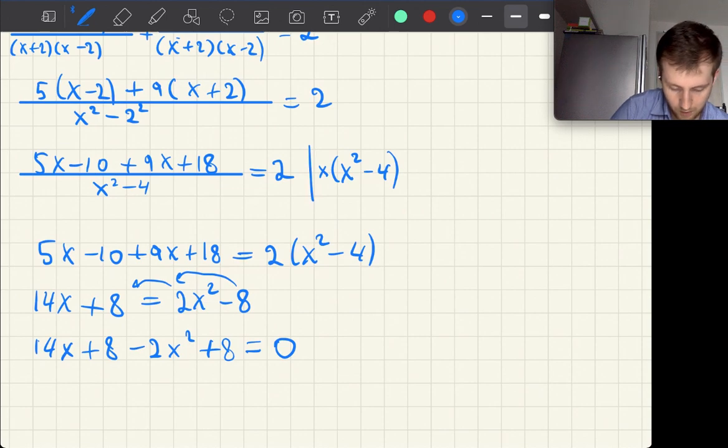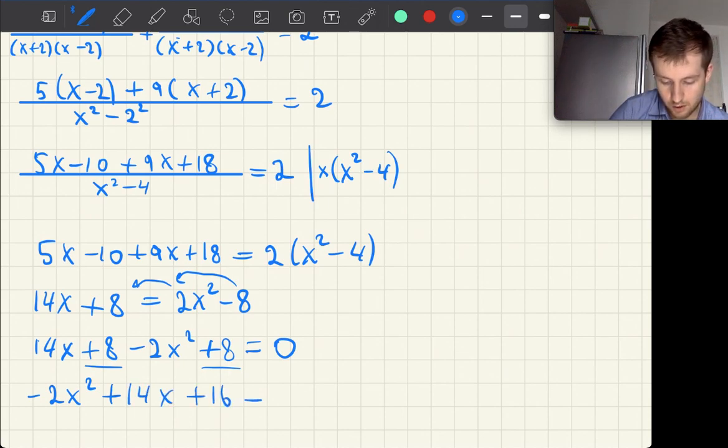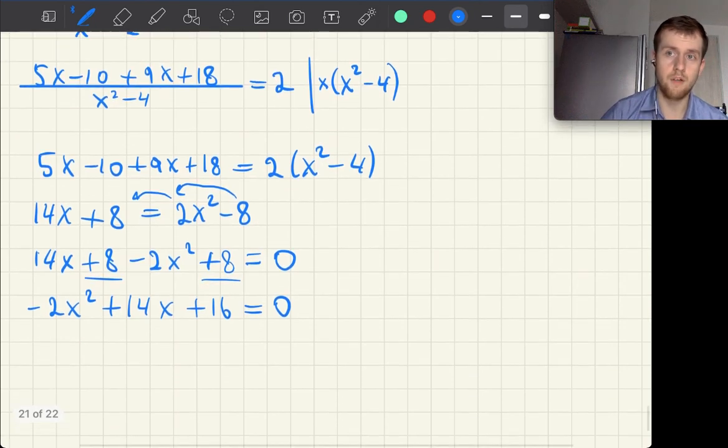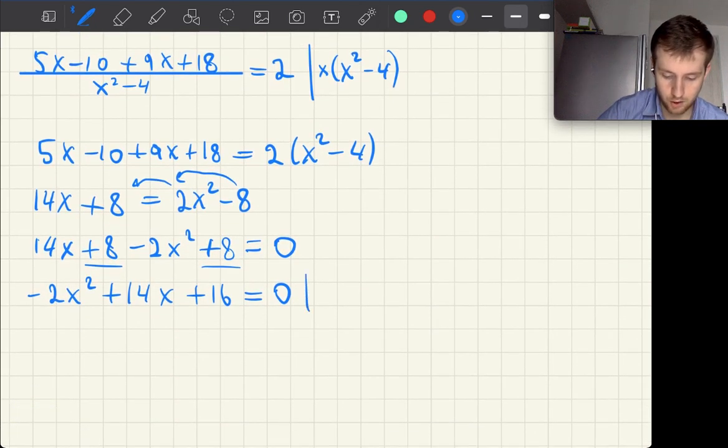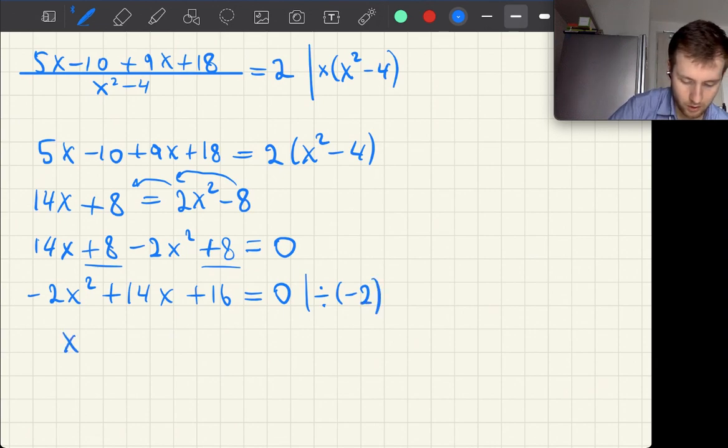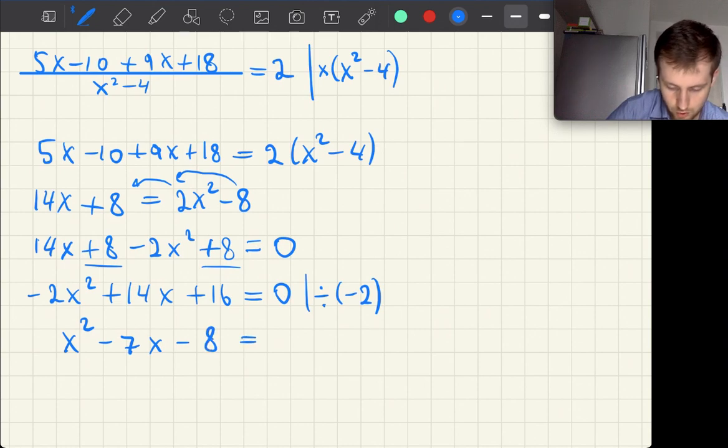We have 8 and 8 here, so we will have minus 2x squared plus 14x plus 16 is equal to 0. We can simplify this a little bit, so we can divide all parts of this equation by minus 2. We're going to get x squared minus 7x minus 8 equals 0.